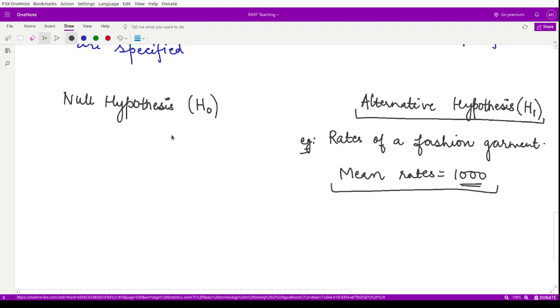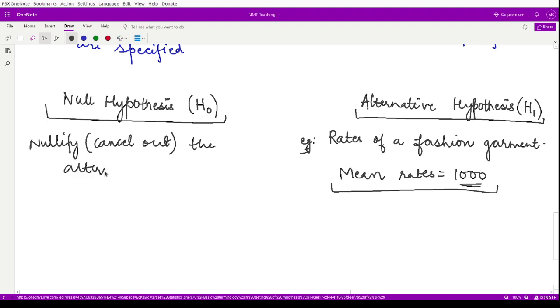However, the null hypothesis in this case would cancel out its effect. That means it will nullify, cancel out the effect of the alternative hypothesis. So it will say just the opposite to the alternative hypothesis. So if this is your H1, what would be your null hypothesis? Your null hypothesis would be that the mean rates would not be equal to 1000.